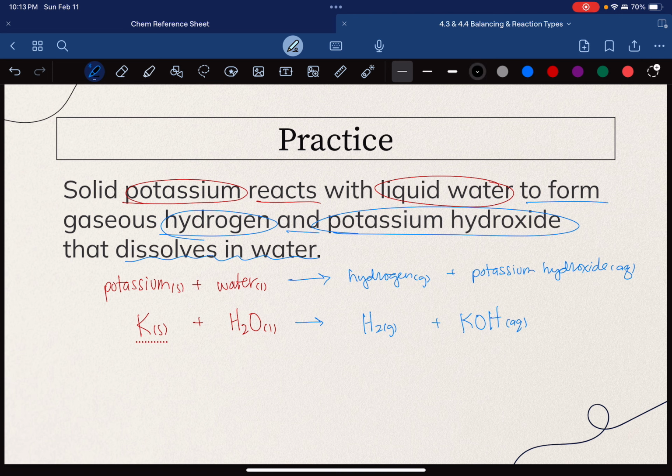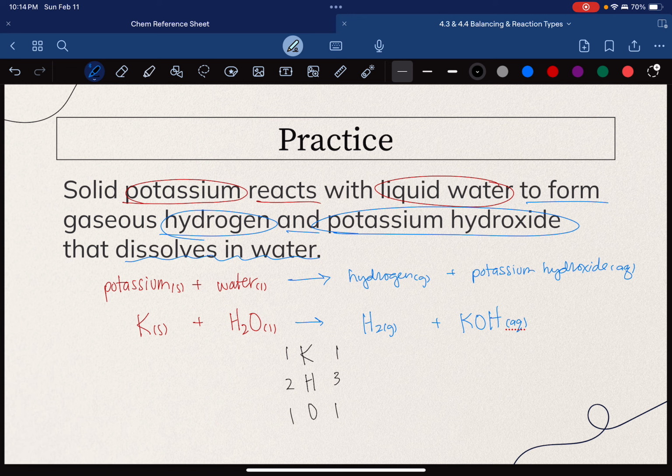Next step is to list them all out. I see K, H, and O: 1, 2, 1. And then I see 1 potassium, 3 hydrogen, and 1 oxygen. Let's start balancing these equations. Usually I think about 6 as my magic number.